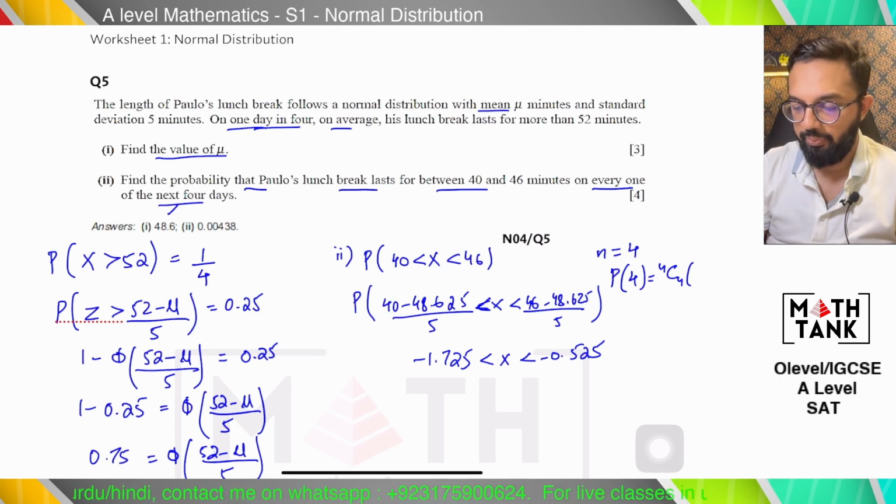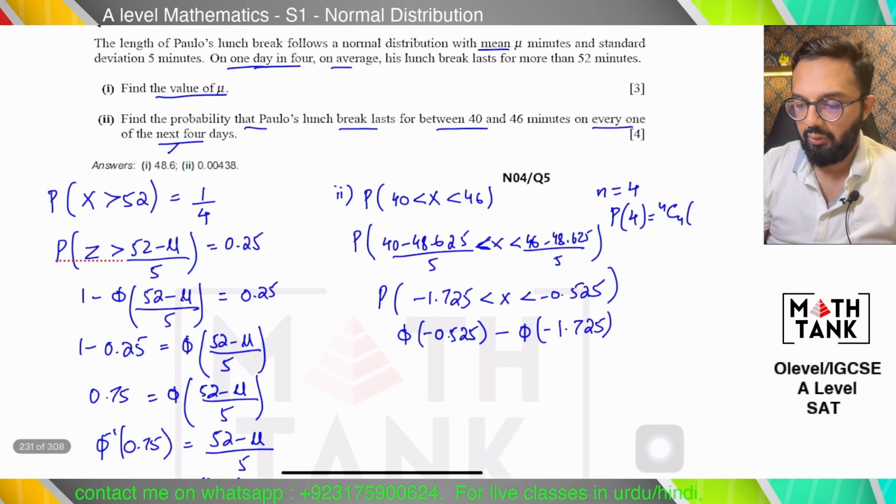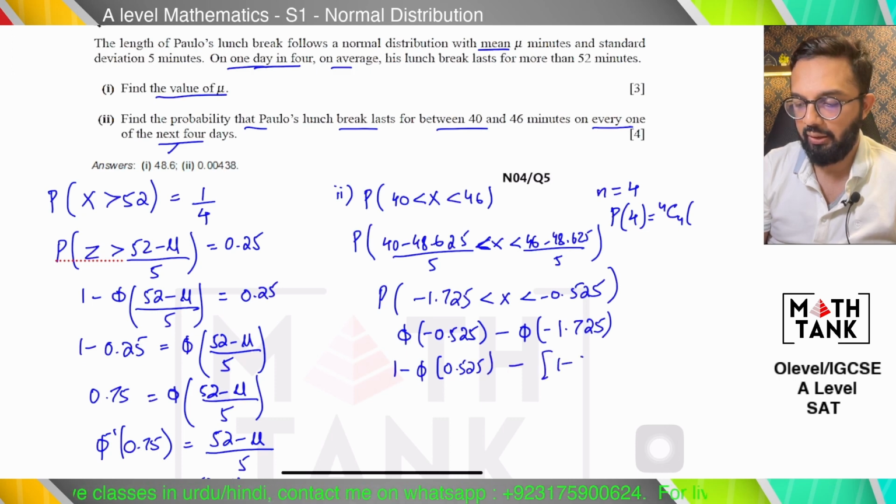So probability phi of minus 0.525 minus phi of minus 1.725. Okay, 1 minus phi of 0.525 minus 1 minus phi of 1.725.